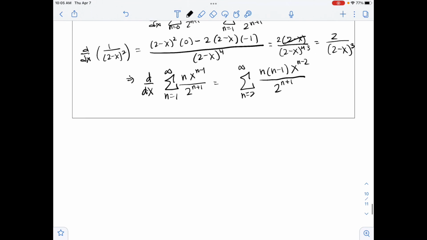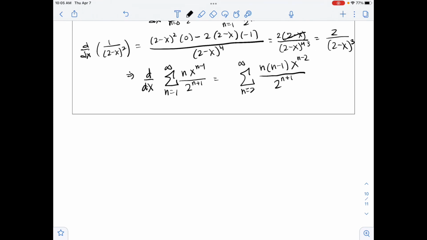To make our summation start at 0 again, so to change to n equals 0, we need to add 2 to all n's. And so to do that, this would imply that we're going to have the sum from n equals 0 to infinity.